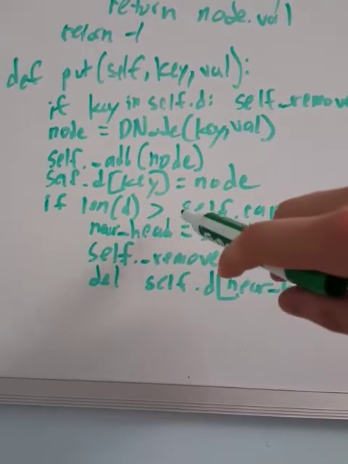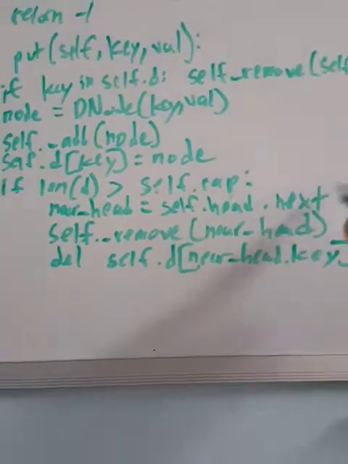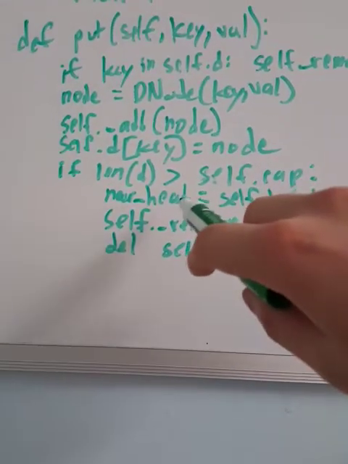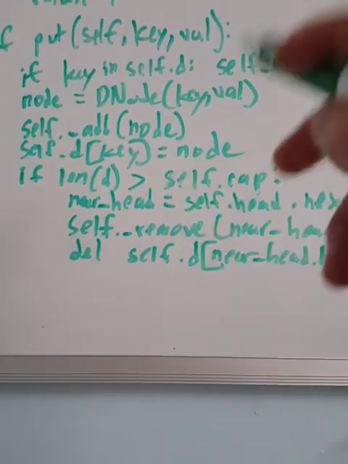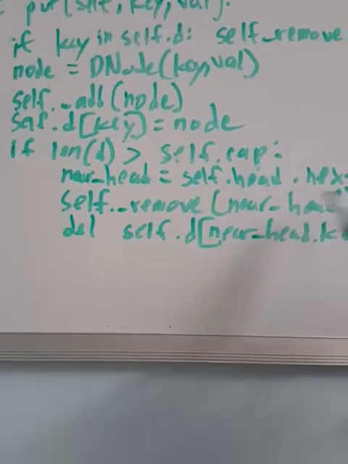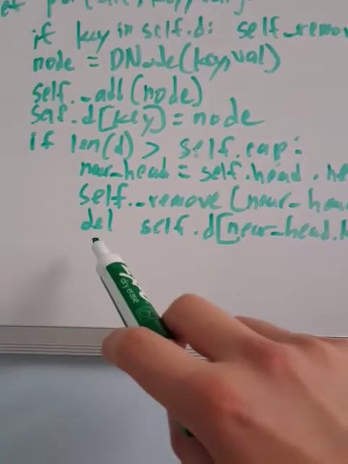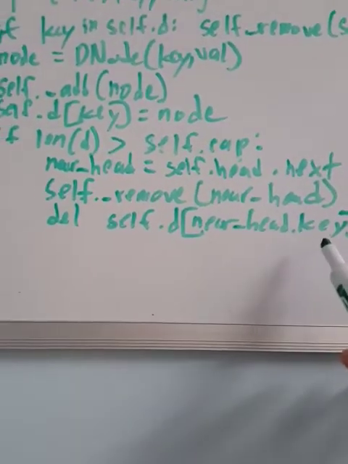And then if the length of the dictionary is greater than the capacity, we want to remove the least recently used item from our LRU cache, and then we also want to delete it from our dictionary as well.